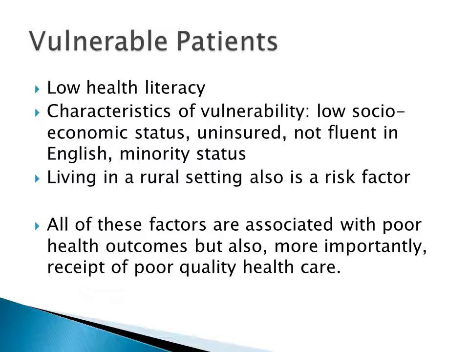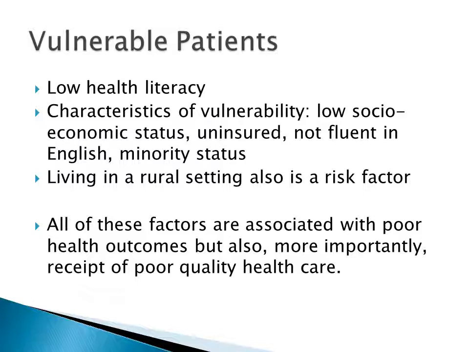But these are often people who are also semi-literate, and that's a problem that's different from health literacy. We have good data to suggest that people who are from a lower socioeconomic status, that means either they're poor or they have low income or both, who are uninsured, who are not fluent in English, and who are members of minorities, are at greater risk for both poor outcomes and disparities in their health care.